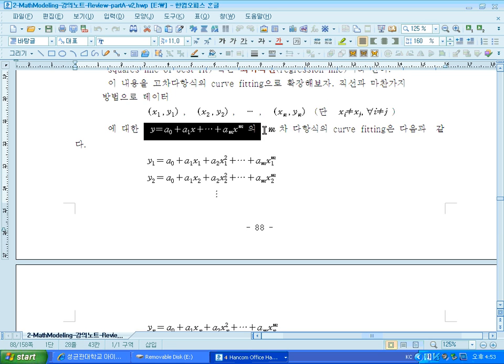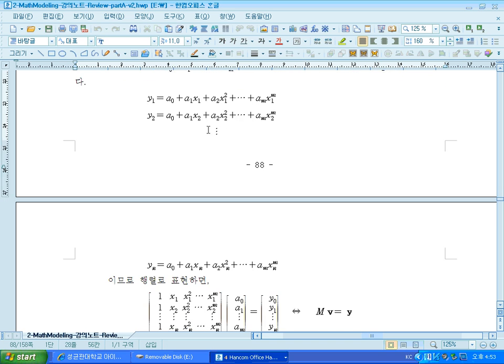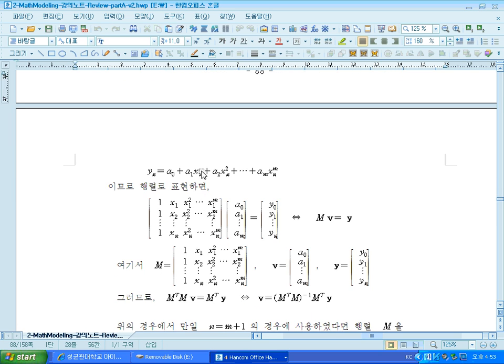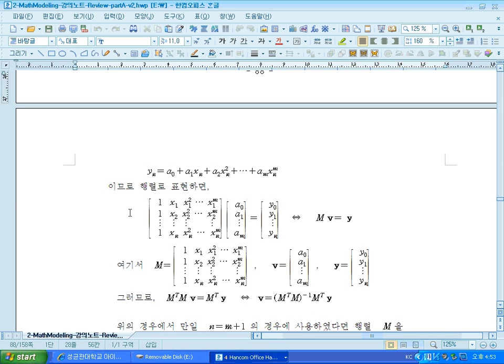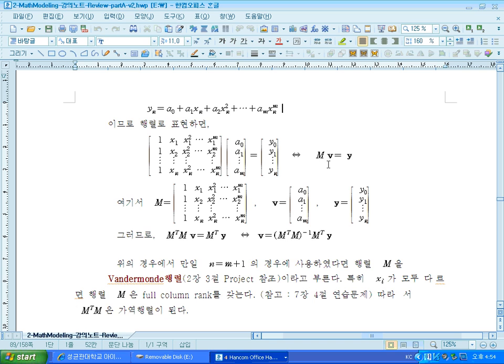This polynomial of degree m should satisfy all these points. So we plug in the xi's and yi's on every equation, and then we have a linear system of equations like this. If we write it in matrix form, it can be written as this matrix times this vector is equal to y. That is MV is equal to y.